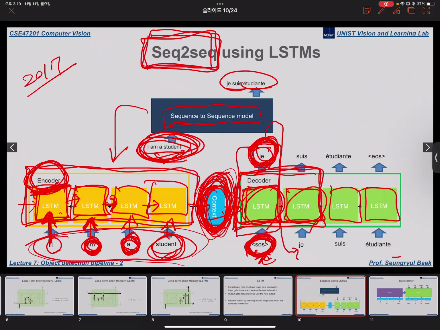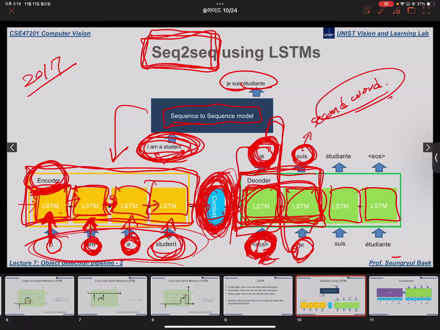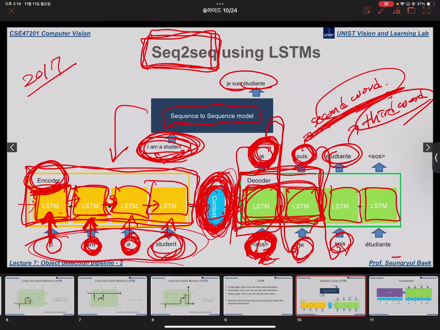So at the first time, we input the starting token and it calculates the first translated word combined with the feature. And we can input the starting token with the first output. And then these two will output the second word. Okay. And using the second word as the third input word, we can get the estimated third word. Okay, are you guys understanding this part?